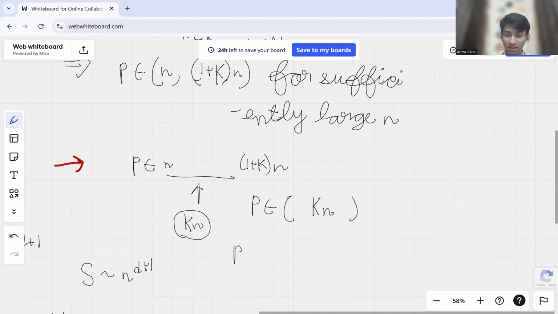And we know that the prime growth rate is n by log n. So pi of n is n by log n. So can you finish from here? Anyone?